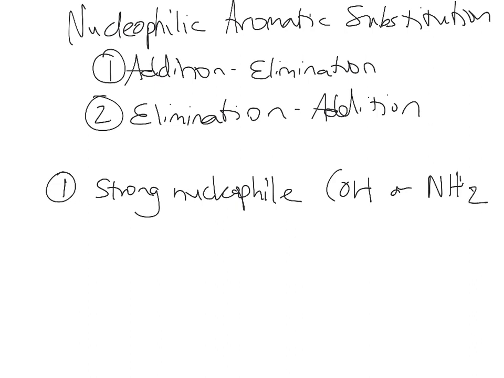Sometimes you can use neutral nucleophiles like NH3. Let me give you an example of how this works. First you have to add the nucleophile to make a resonance stabilized carbanion, and then you eliminate the halogen leaving group. This is why it's called addition elimination.